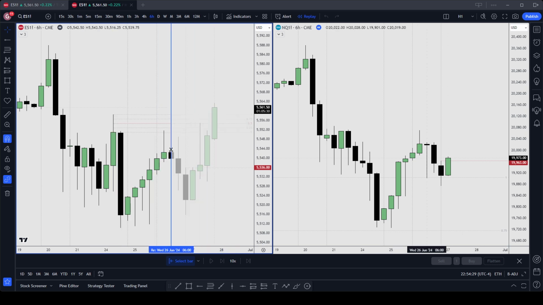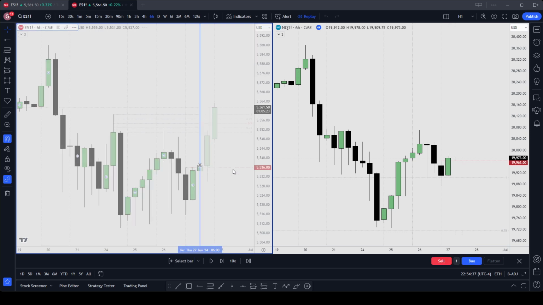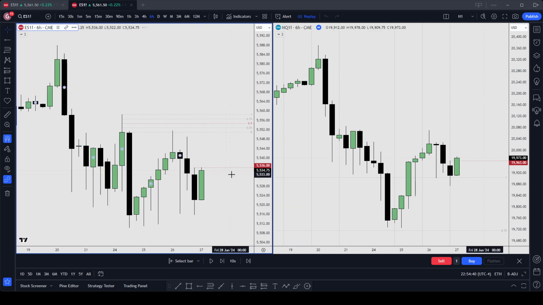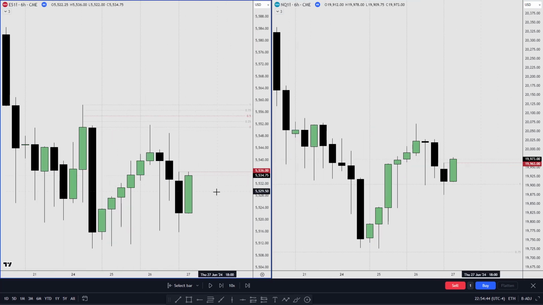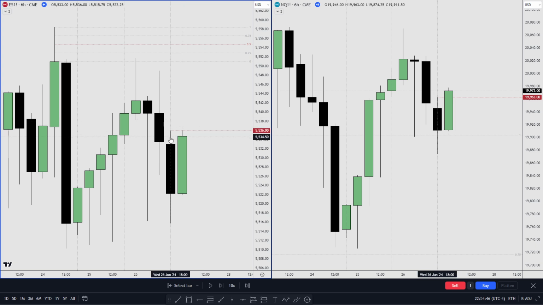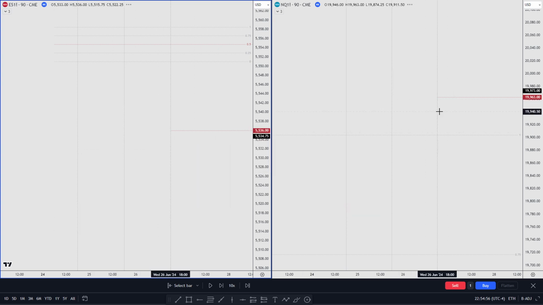Right here. Okay, so during London, we have this candle here, this down close candle. This is the Asia session. Okay, and let's go down into the 90 minutes.